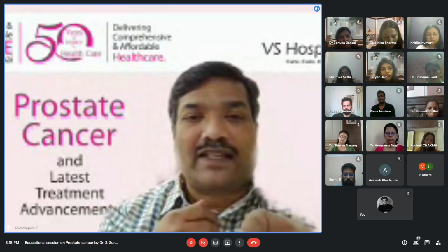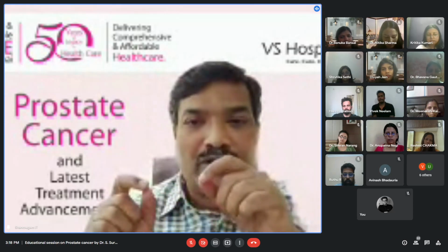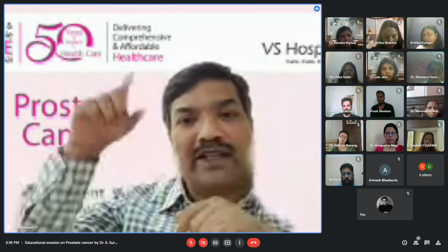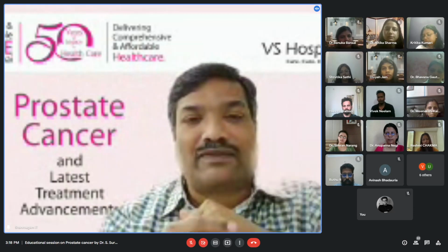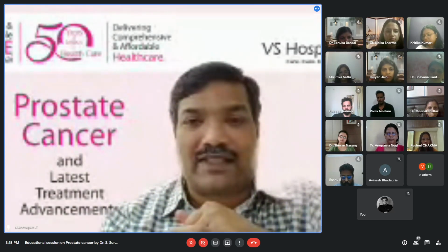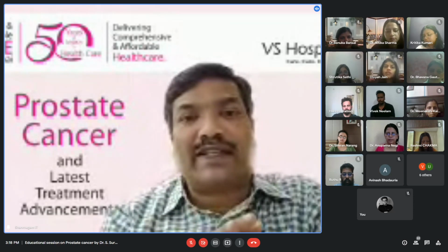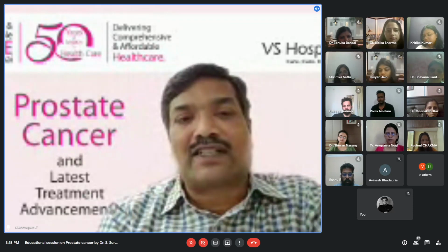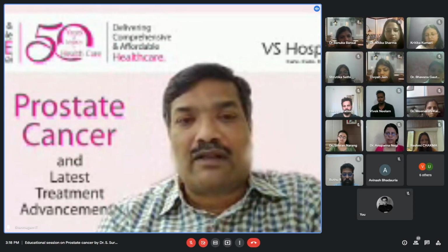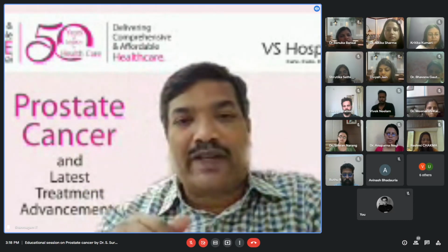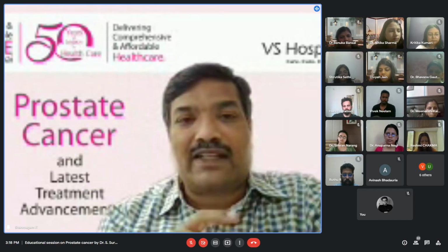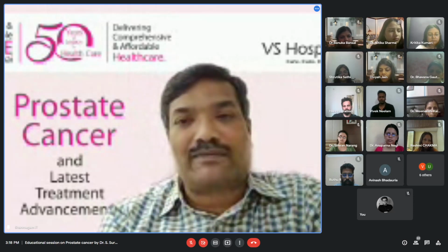In advanced stage, even a node positivity need not mean bone spread. Bone is the most common site of spread from prostate cancer. But in our clinical practice, we see that 90% of the patients come to us with metastatic prostate cancer, and it's only the bony pain which has brought them, rather than a problem due to the prostate.